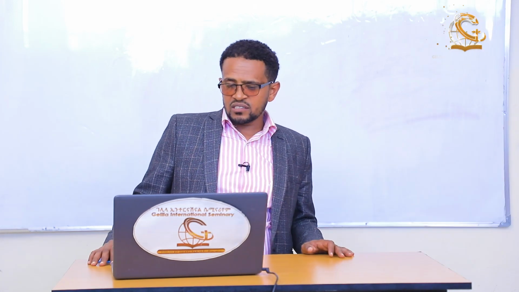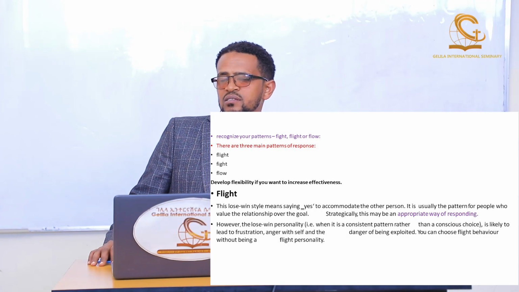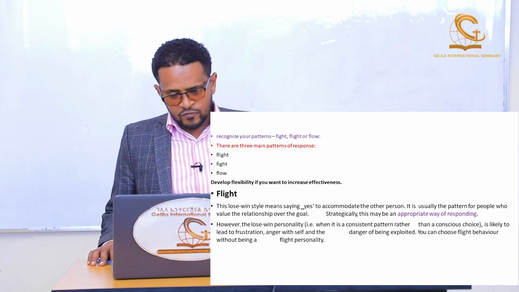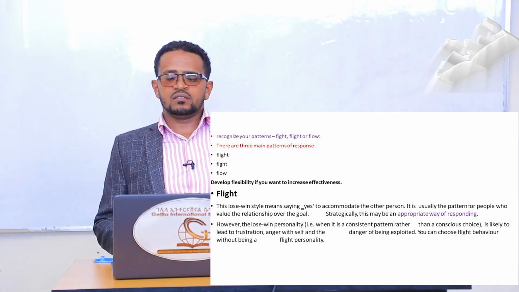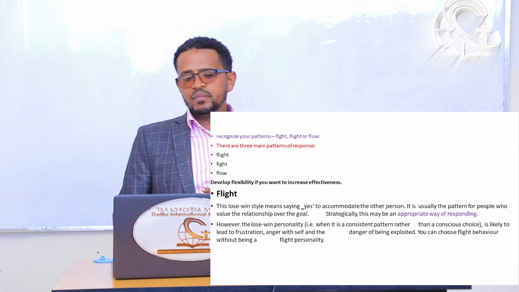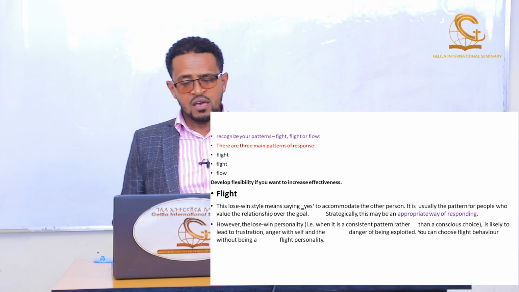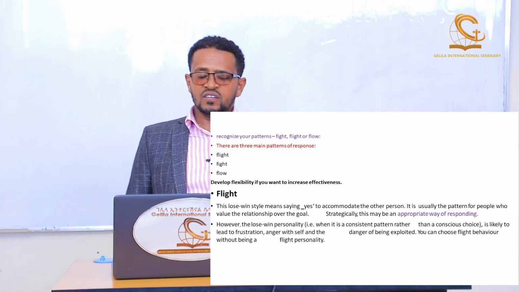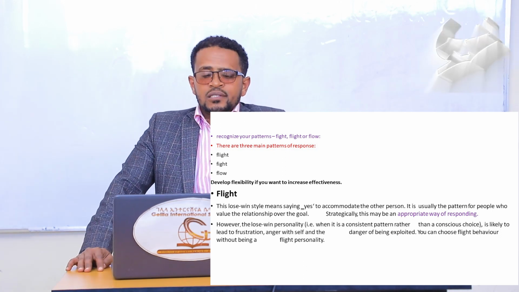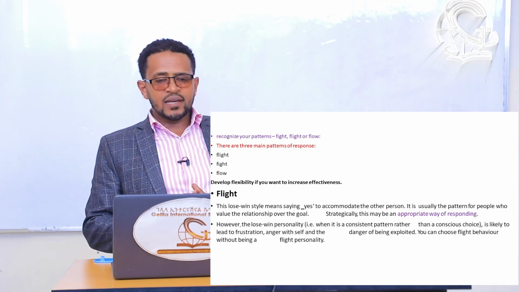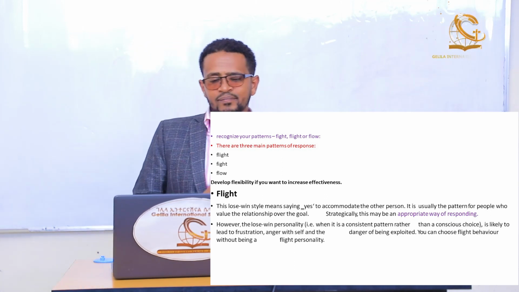So the first thing is just recognize your patterns, such as fight, flight, or what? Plow. There are three main patterns of response. The first one is flight. The second one is fight. The third one is plow.